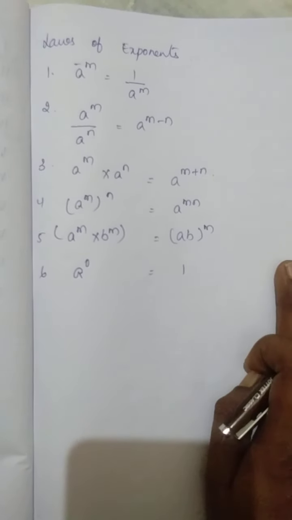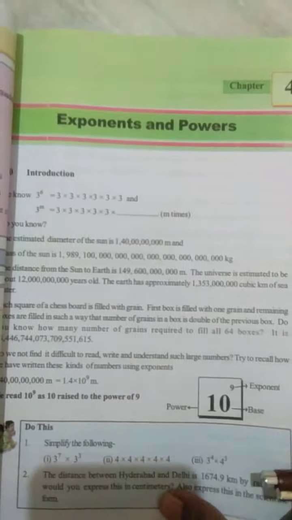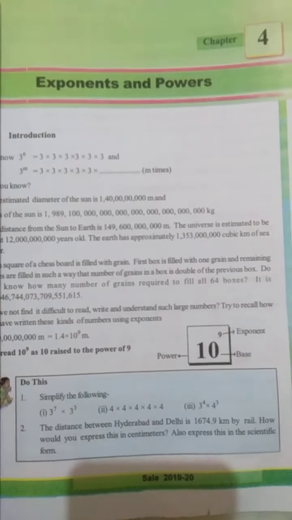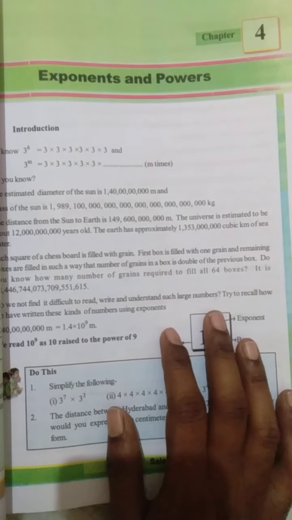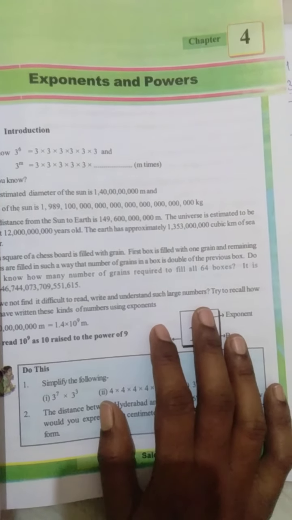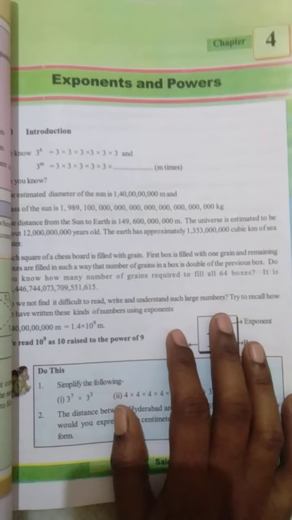Before starting the exercise problems, you have so many examples before your exercise. See here, before starting this chapter, leave some papers for 2.4 and 2.5 exercises. After that start this chapter, keep a main heading and write down these examples.